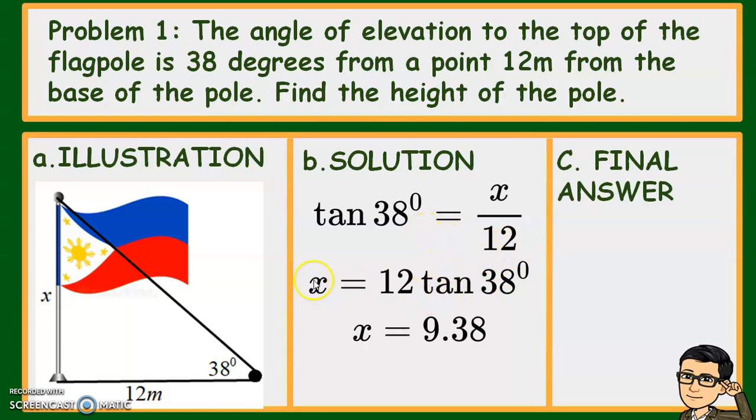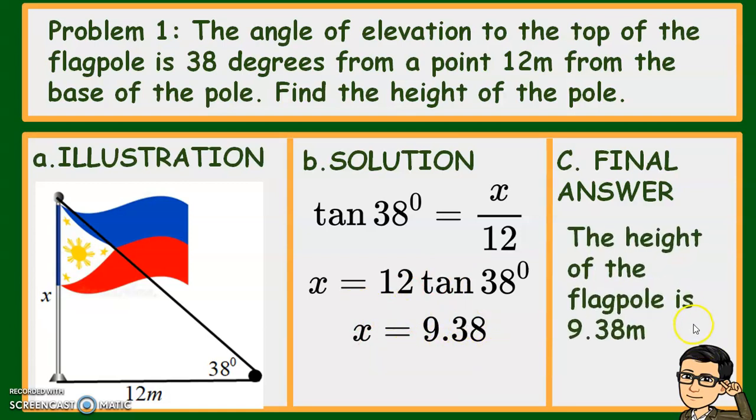So x is equal to 12 times tangent 38 degrees. Using your scientific calculator or your Desmos scientific calculator, we come up with 9.38. So in statement form, the height of the flagpole is 9.38 meters.